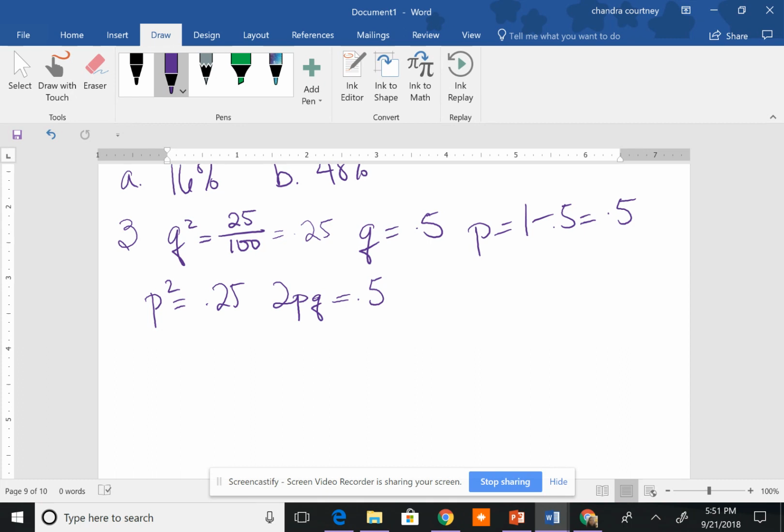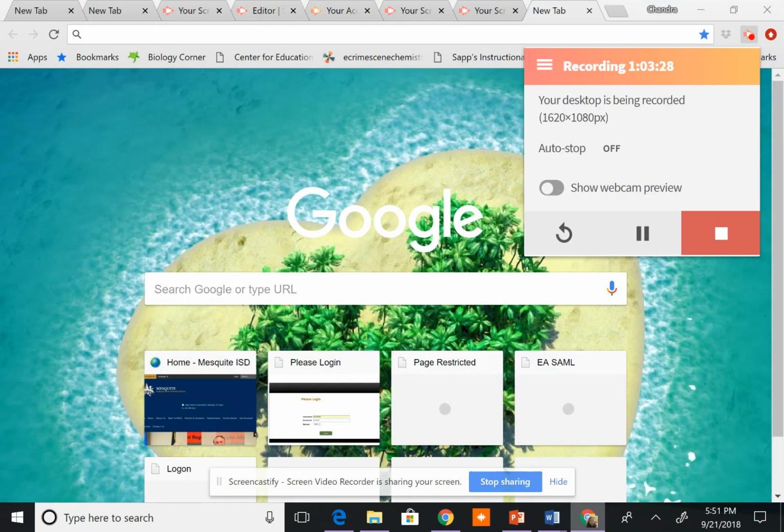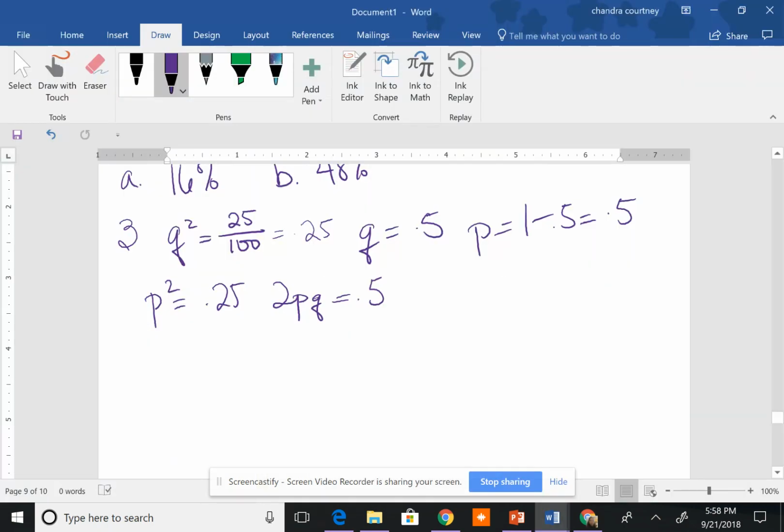Okay, so now let's look at the question. All right, so now that we've found the parts and pieces, let's look at the question. Part A wants to know how many students show the dominant phenotype.